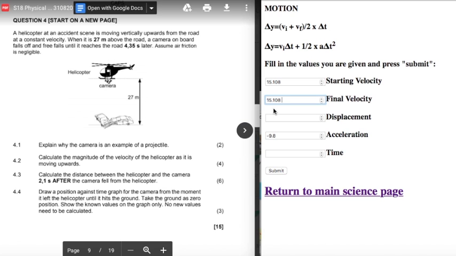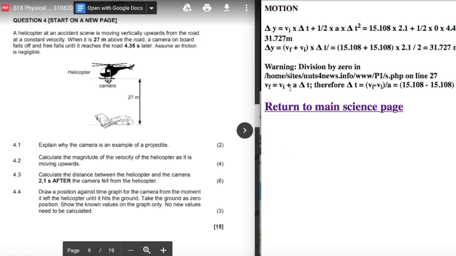We want to find delta y, or displacement. Because the velocity is constant, the acceleration is 0, and the time is 2.1 seconds. Now we've got all the data. Let's hit submit. There it says delta y is 31.727 meters. It's positive, which means the helicopter has moved 31.727 meters upwards in those 2.1 seconds.